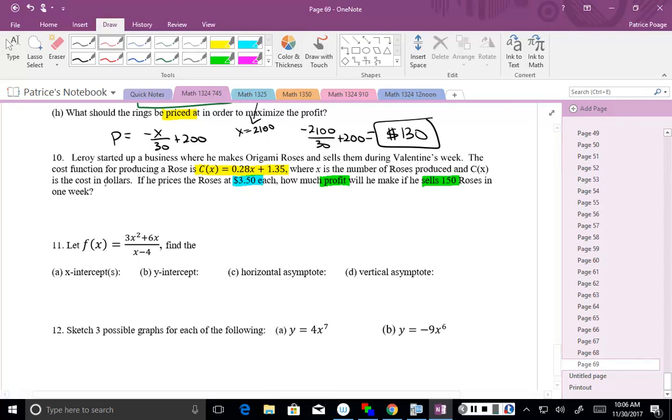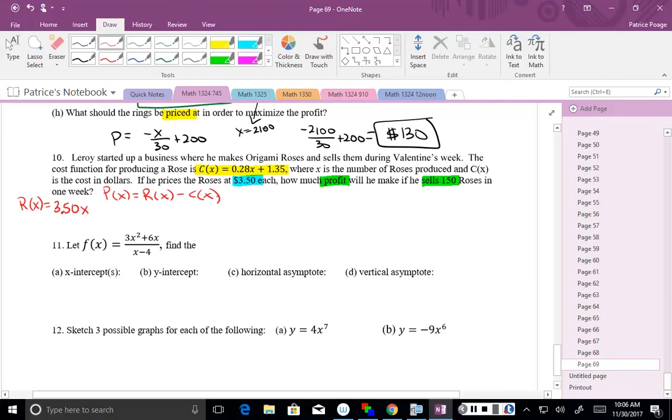And so I know that my profit equation equals my revenue minus my cost. They gave us the cost equation. They gave us the sell price so we could figure out the revenue. So the revenue is going to be the sell price, which is $3.50 times x, however many they sell.